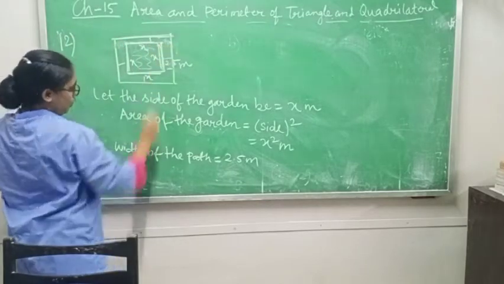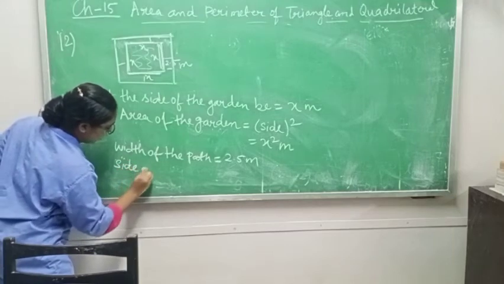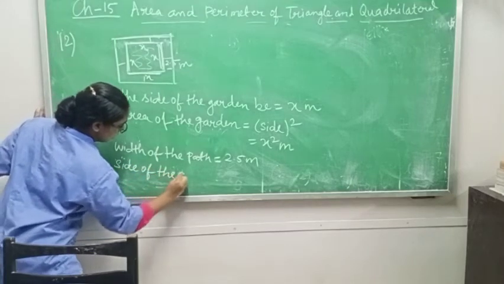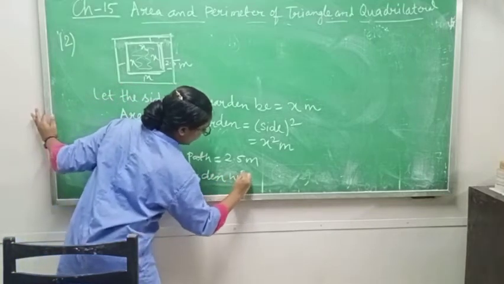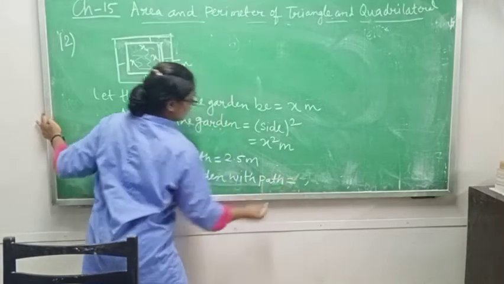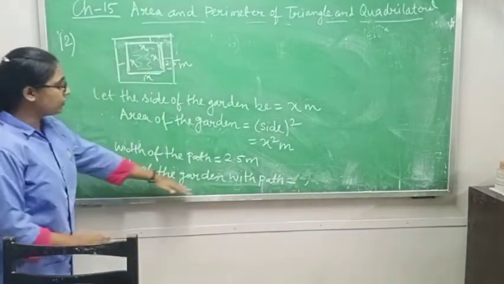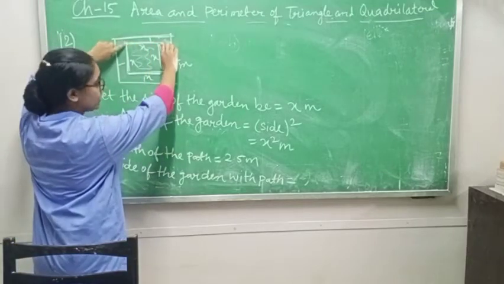So what we will do? What we will write? Side of the garden with path. Means we are including the path also. We know that the side of the garden is x. From this point to this point it is x.